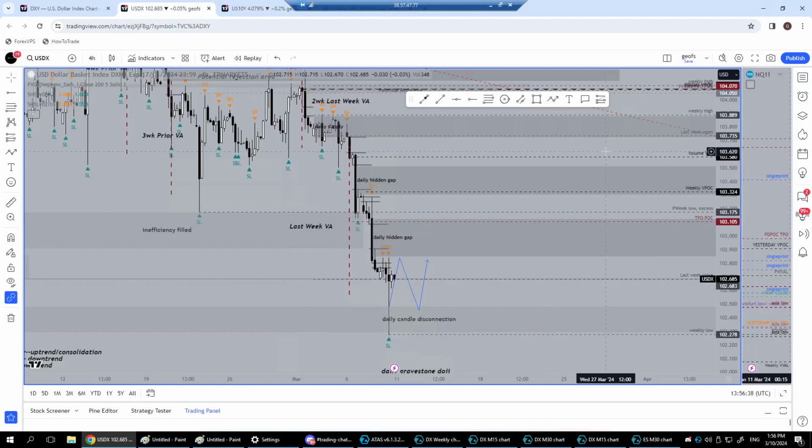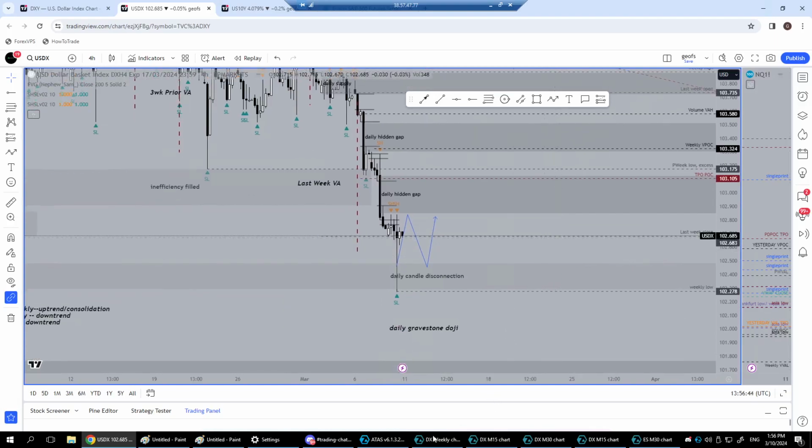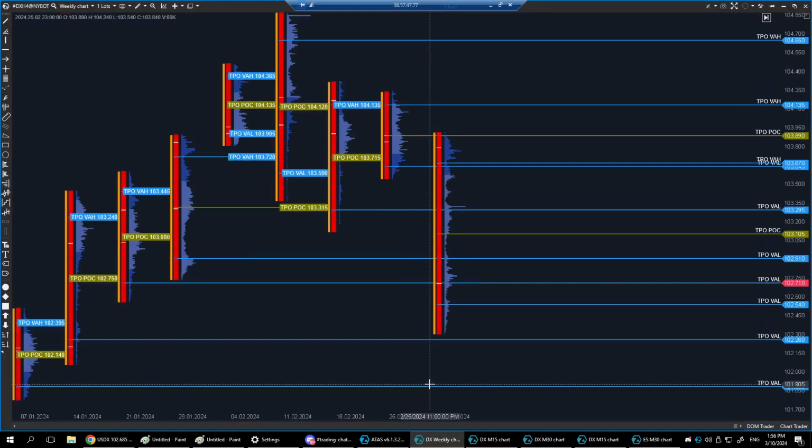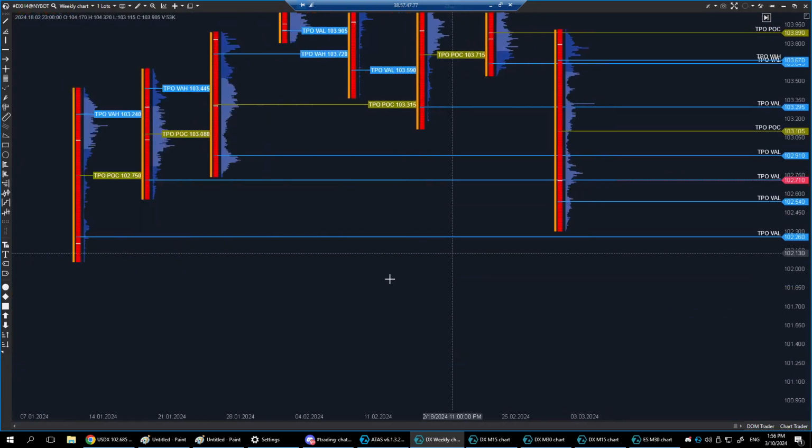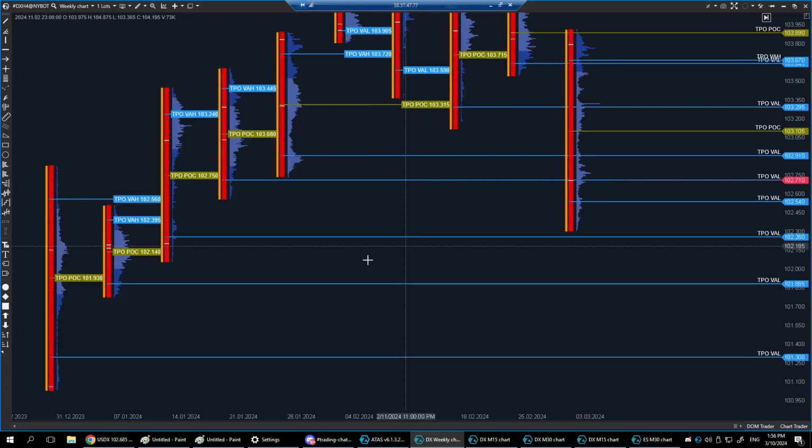So volume value area high, weekly VPOC, TPO POC. Okay, it's good. We are progressing. And what about levels lower down? So we should probably note this 102,260.